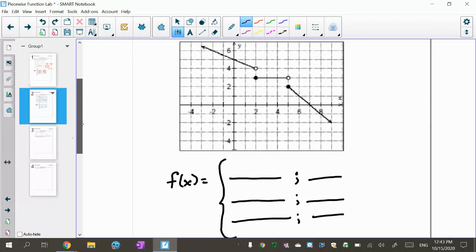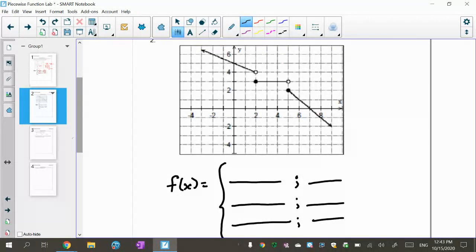So let's look at what's going on here. I see that it breaks at 2 and at 5. At 2, I can see this left piece, 2 is not in there, so this left piece is x less than 2, not included. This middle piece has a closed circle here and an open circle, so it goes from 2 all the way to 5, but doesn't include 5.